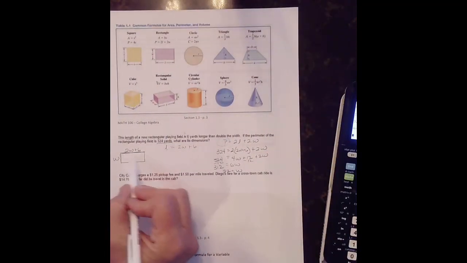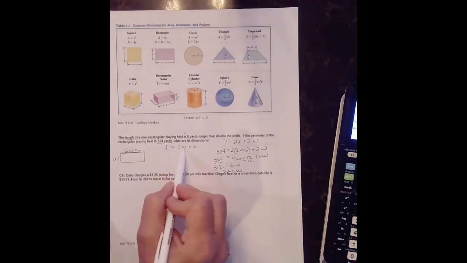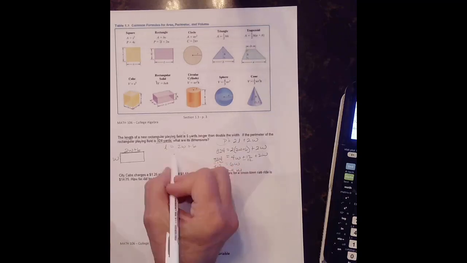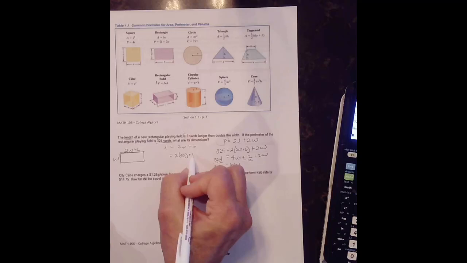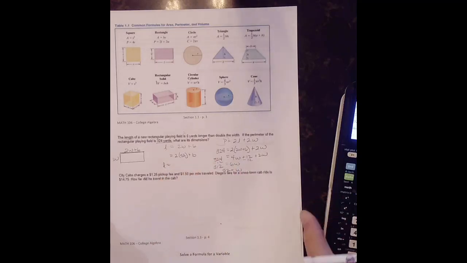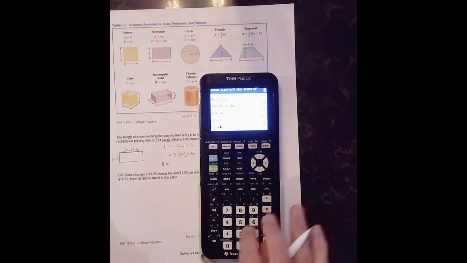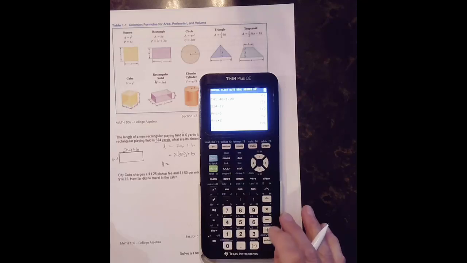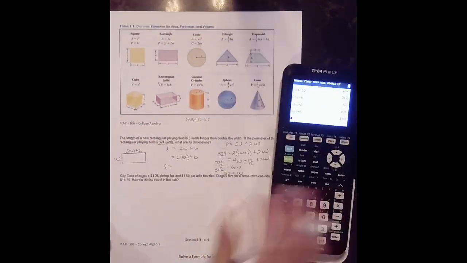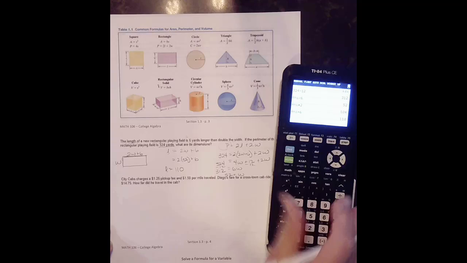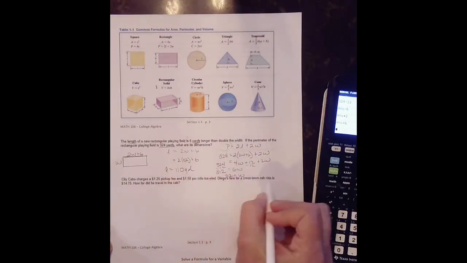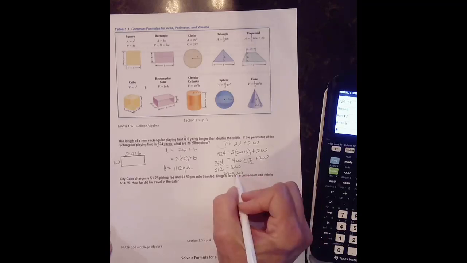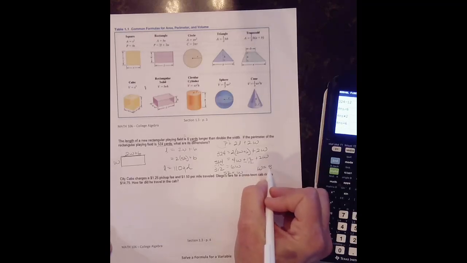If my width is 52 and my length is 2 times W plus 6, or 2 times 52 plus 6, then my length is going to be 110. In this case, I want to make sure that I put yards. So W equals 52 yards.